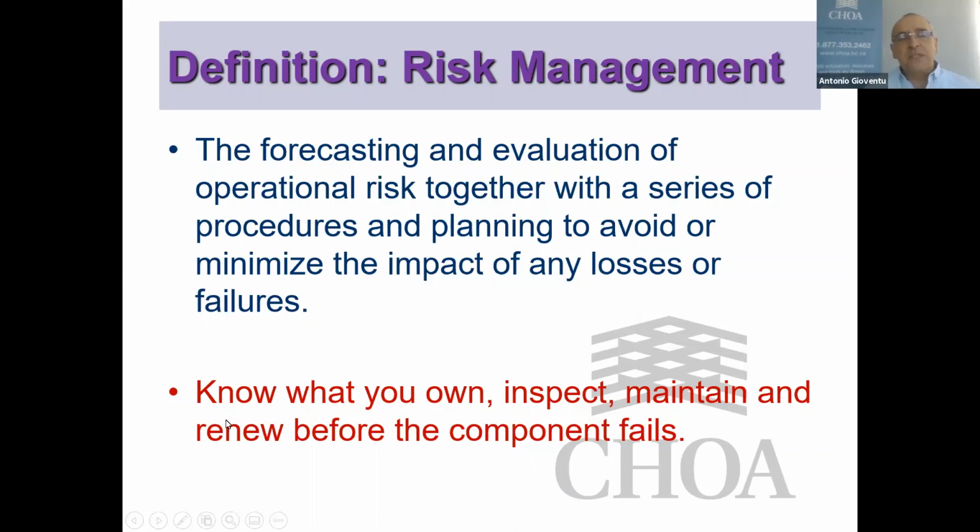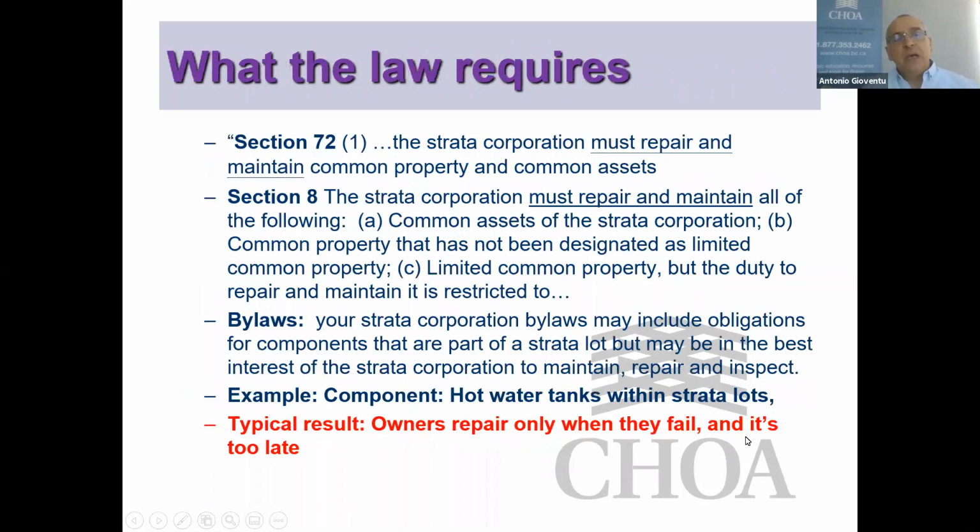We've done a number of studies through CHOA over the years on component failures and looked at things like hot water tanks, decks and balconies, roofing systems, and every time you wait for a component in these categories to fail, if it has anything to do with water or water management, it almost always costs 30 to 50% more than had you dealt with it when it was a known maintenance and inspection and repair liability.